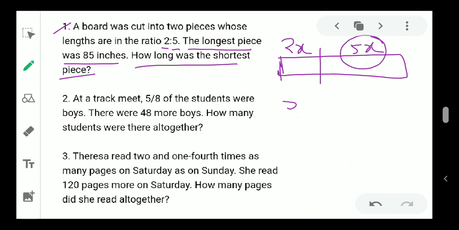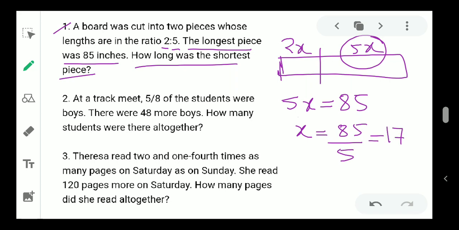5x was how much? 85. It is already told that 5x is 85. So x will be 85 divided by 5. So that means it will be 17. So that means 17 is the number that was multiplied with 2 and 5.